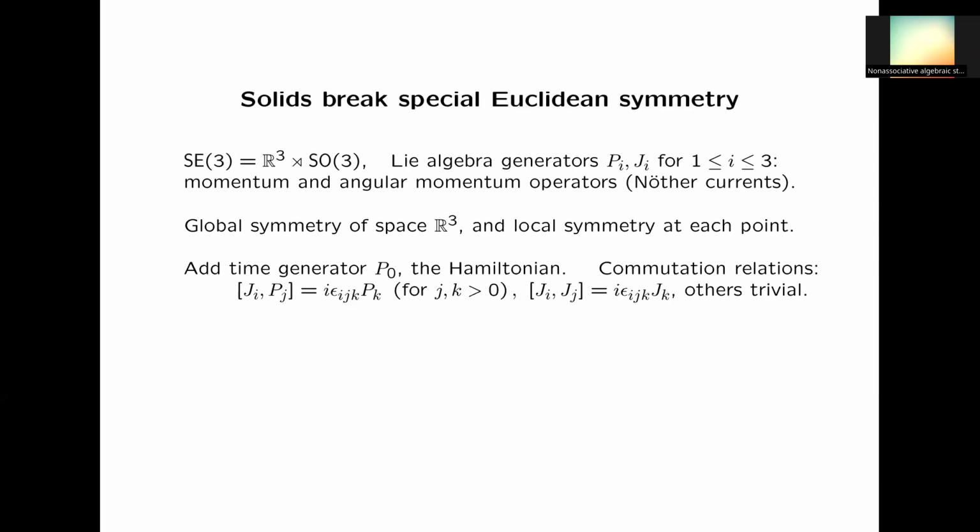And then we have commutation relations. The commutator of Ji with Pj is i epsilon ijk Pk. Epsilon ijk is just the sign representation of the permutation group on the indices i, j and k. And this is for j, k greater than 0, so we're not having j equals 0, the Hamiltonian here.